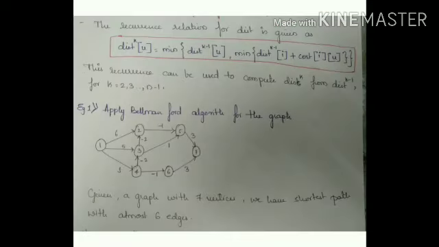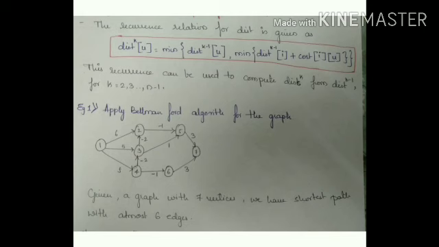So now the recurrence relation for the Bellman-Ford algorithm is given as dist of k u is equal to minimum of dist k minus 1 u comma minimum of dist k minus 1 i plus cost of i to u. So what is this dist array?